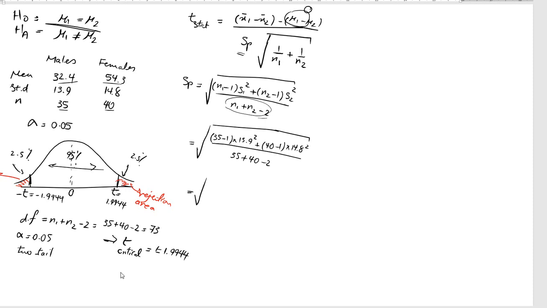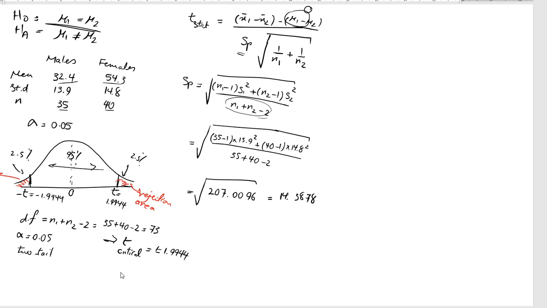If you solve the value under the square root, you should get 207.0096 to 4 decimal places, and the square root of this value would be 14.3878. So I have Sp now. I can actually plug everything into this formula.